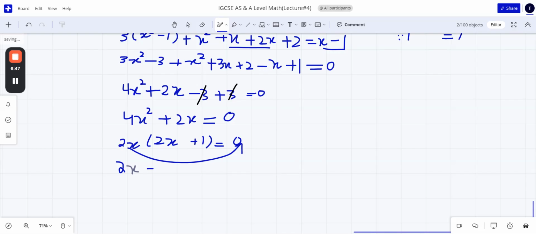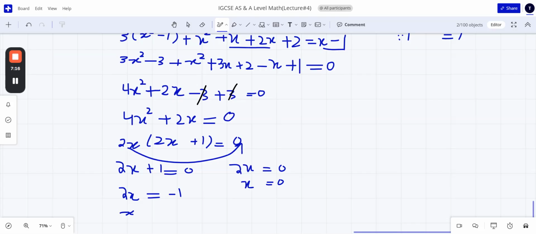So what is left? 2x plus 1 equal to 0, and the other value we got, 2x equals to 0. Now we will shift the coefficient to the other side, so it becomes 0. As I told before, 0 divided by any value is equal to 0. So here 2x is equal to minus 1.